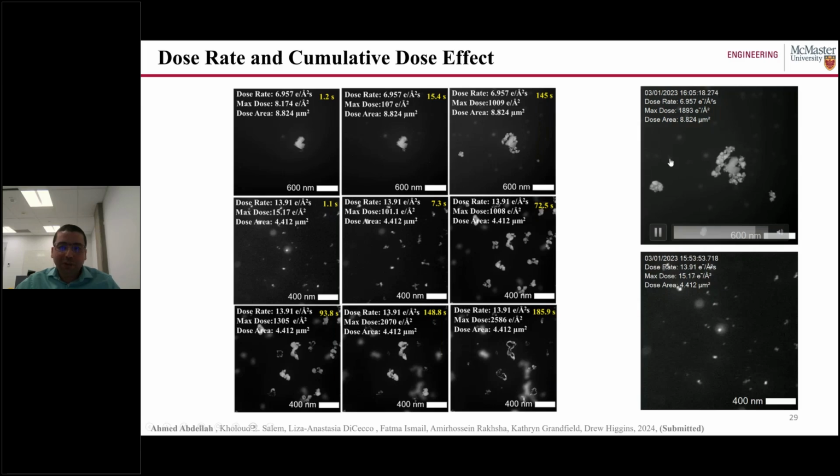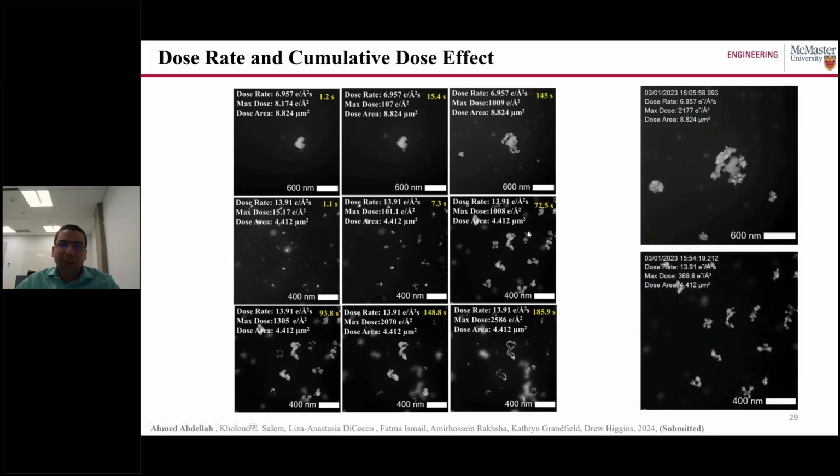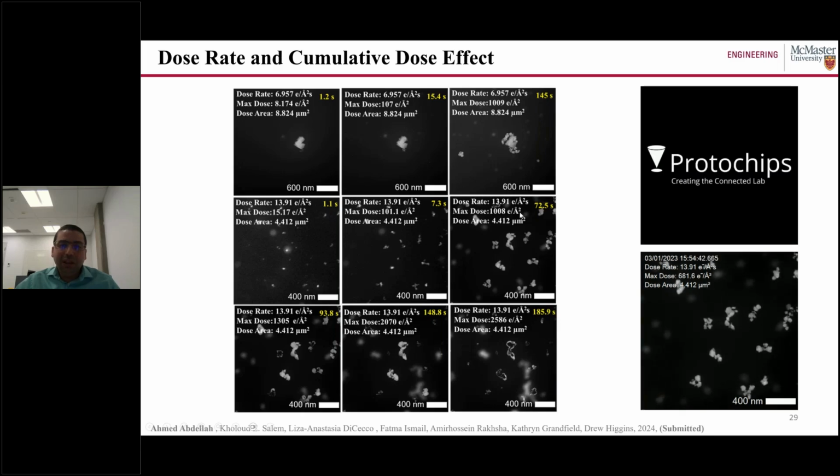And this is the only effect of the dose. If you increase this dose, double, to 13 electrons per angstrom squared per second, you can see this feature goes very fast, in a very short time.